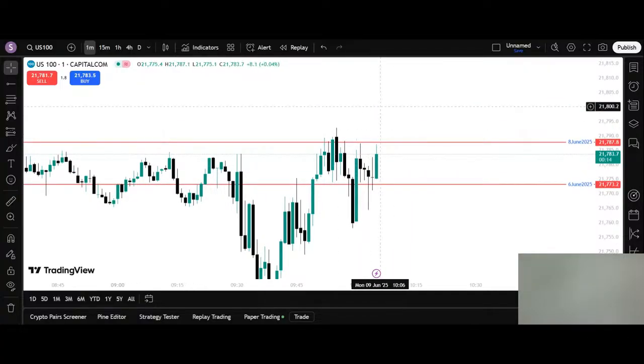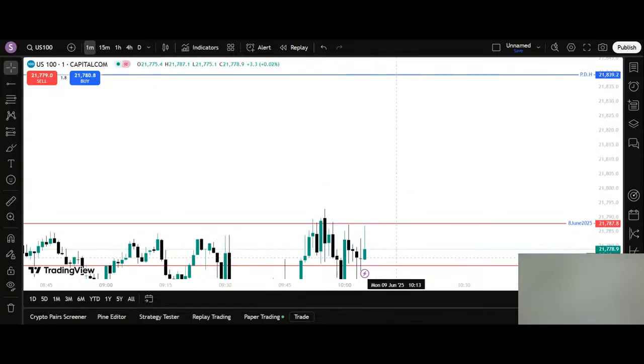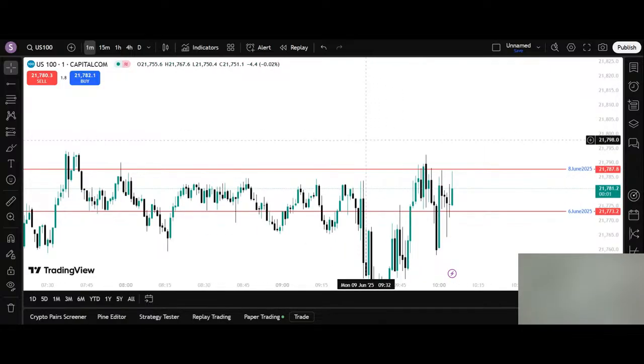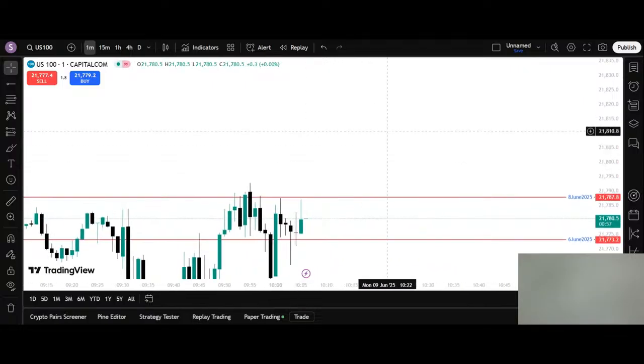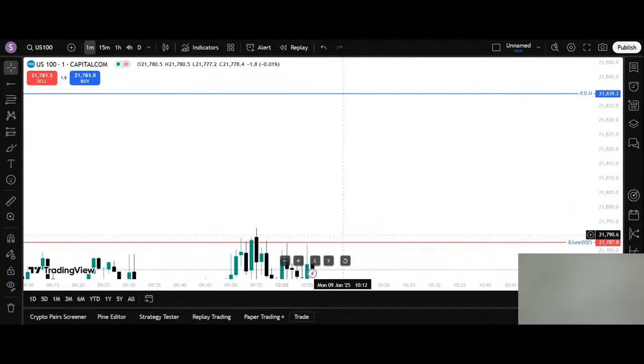Let's wait for it. If price breaks up here with strong bullish candles and strong determination, then we can aim for here, the previous day high at 21,840.